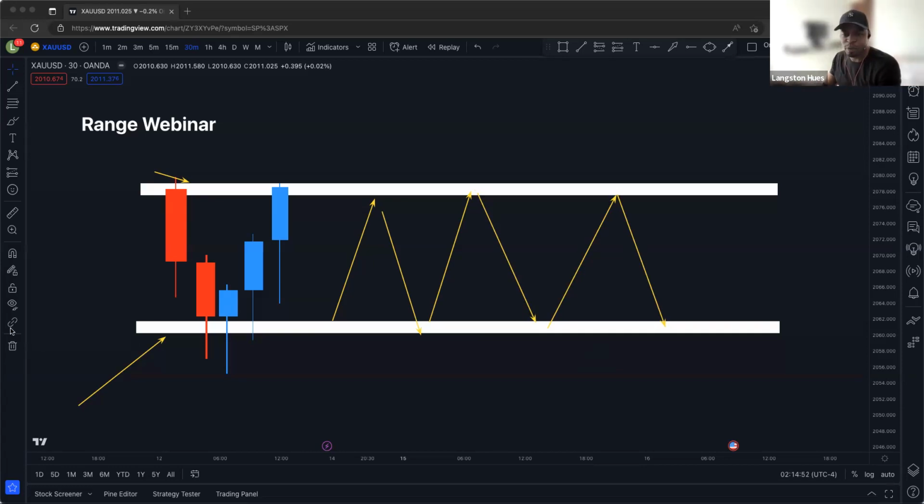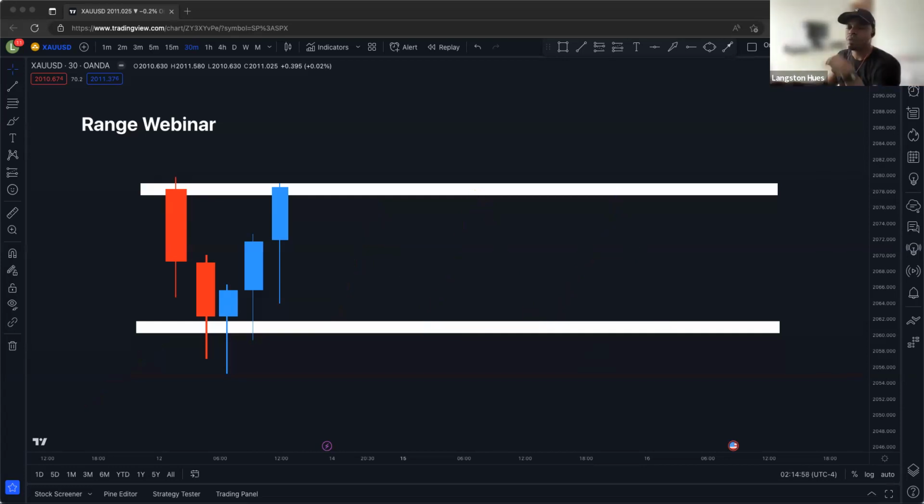That's the range. Cool. So now that we know that's the range, why is this important? Because our trading style is based around this range. The idea of a range is the foundation of the trades we want to take.